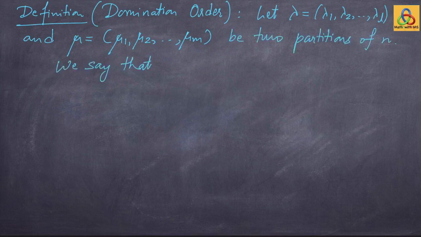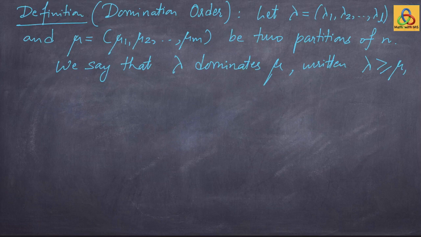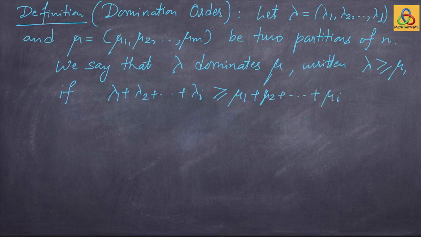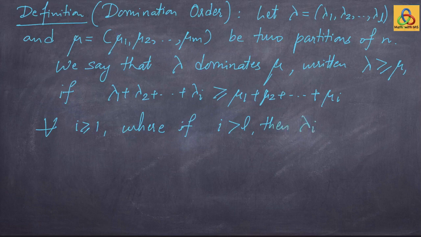We say that lambda dominates mu, written lambda greater than or equal to mu, if lambda 1 plus lambda 2 plus and so on plus lambda i is greater than or equal to mu 1 plus mu 2 plus and so on plus mu i for every i greater than or equal to 1, where if i becomes bigger than L, then we simply set the corresponding lambda i to be 0, and if i becomes bigger than m, then we take the corresponding mu i to be 0. Very simple minded definition.